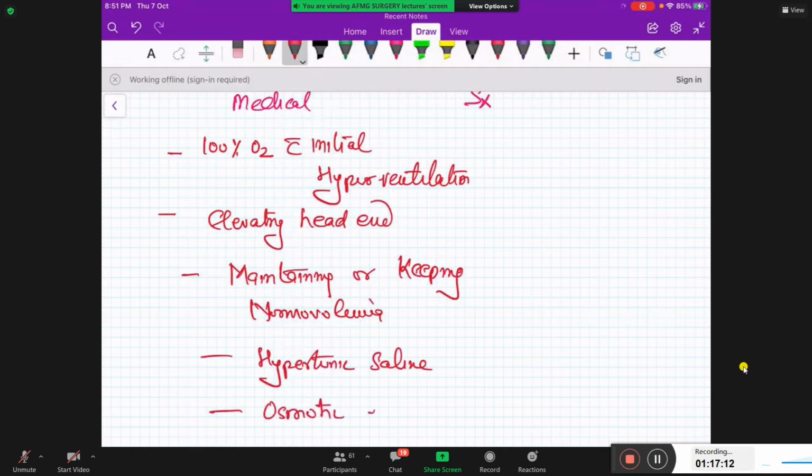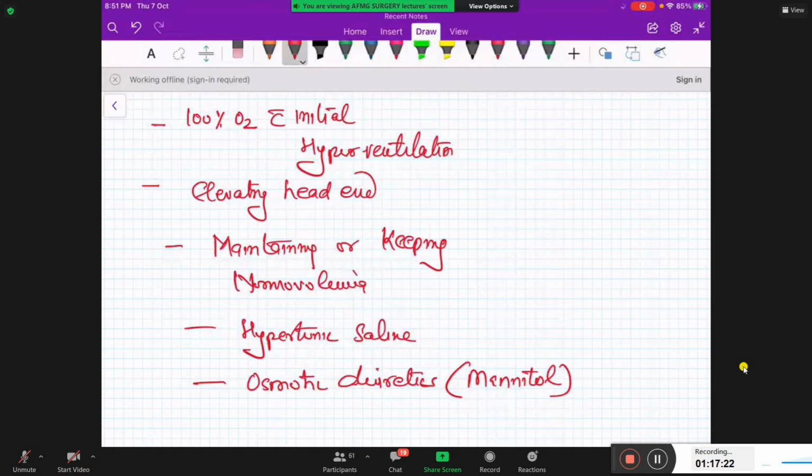Osmotic diuretics like mannitol lower intracranial pressure.